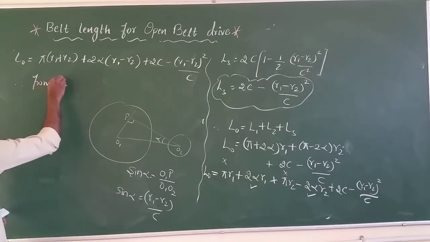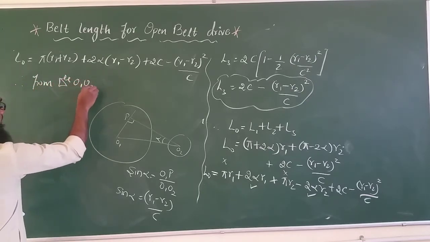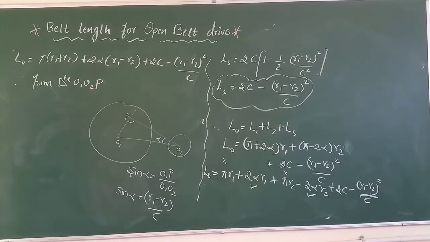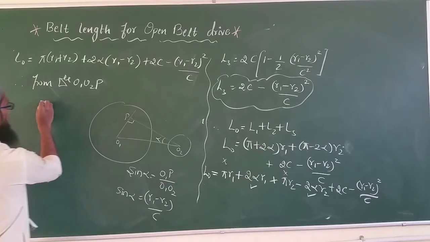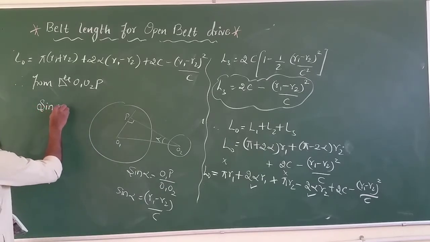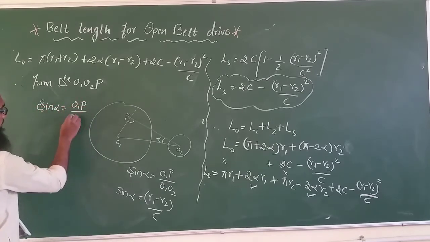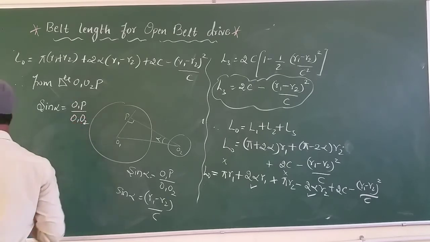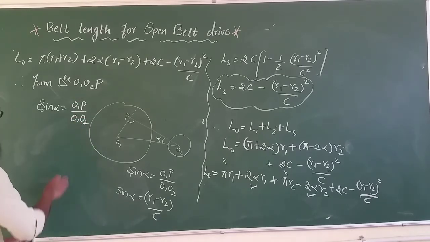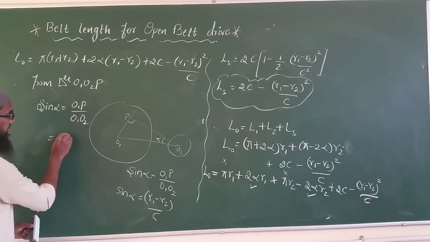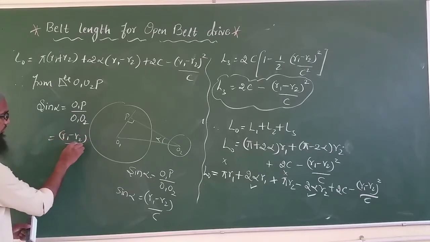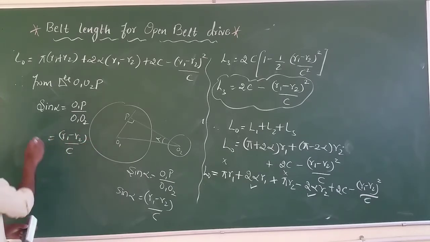Therefore, from right angle triangle O1P, I take sine alpha as O1P by O1O2. We know that O1P is nothing but R1 minus R2 and O1O2 is nothing but our C. So this is our sine alpha.